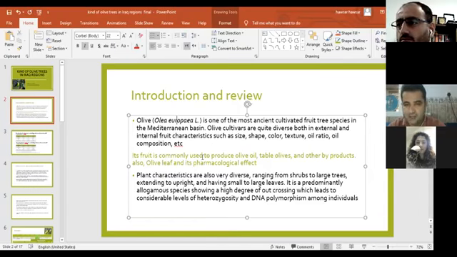It is predominantly allogamous, showing a high degree of crossing, which leads to considerable levels of heterozygosity, and genetically it shows DNA polymorphism. Its main DNA has different shapes.